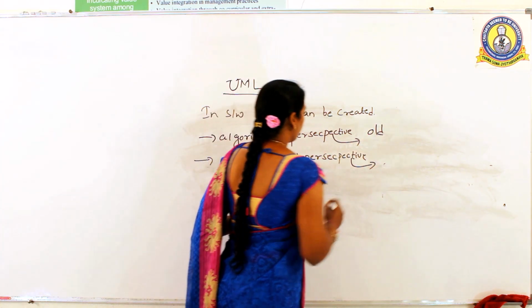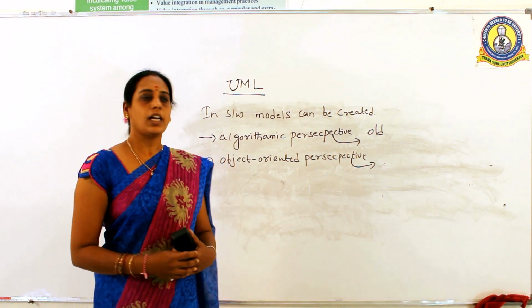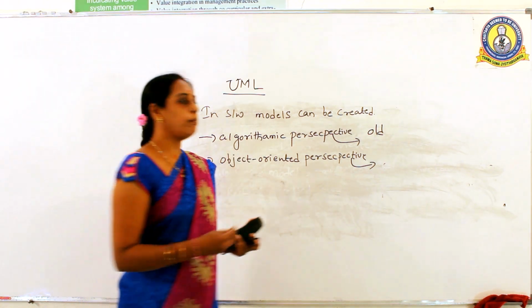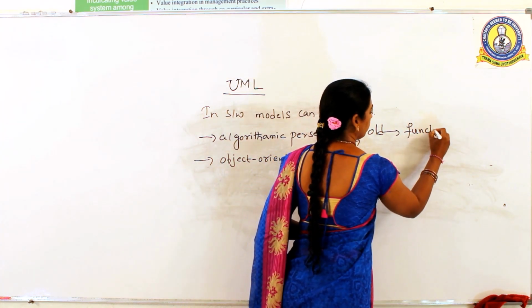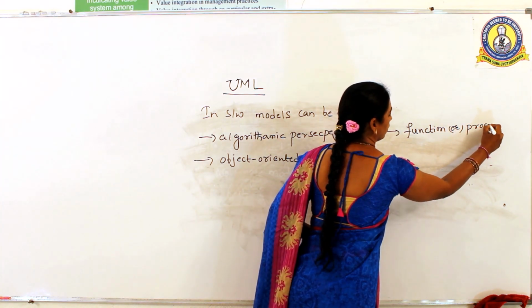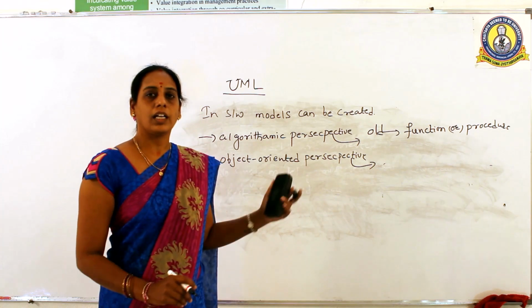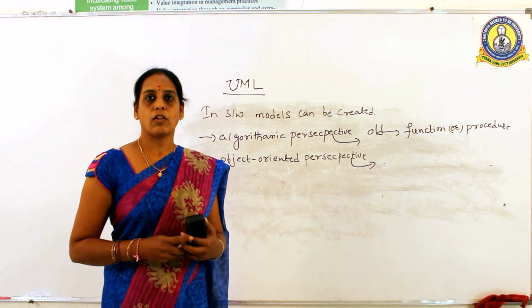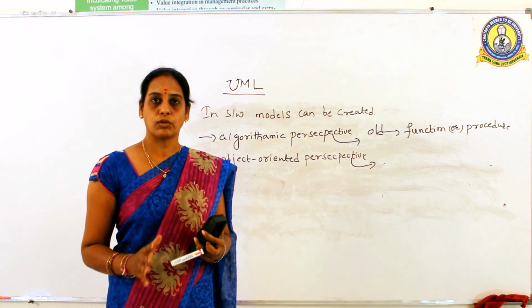In olden days, the old method is algorithmic perspective. In this algorithmic perspective, the main building block is function or procedure. If we use algorithmic perspective to develop software models, we will mainly concentrate on functions and procedures.